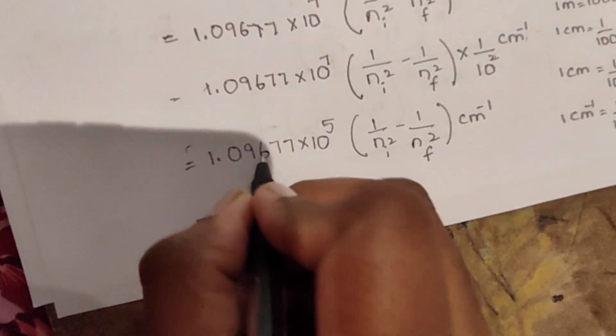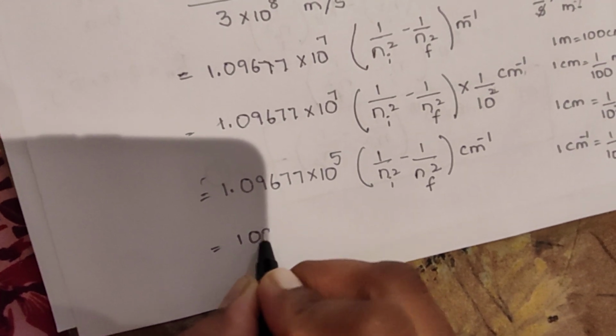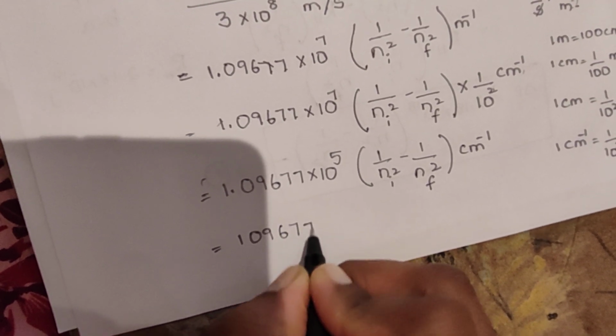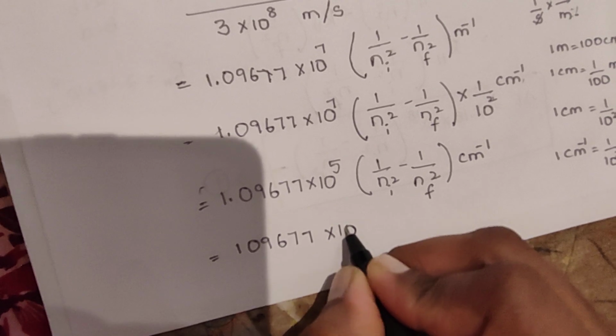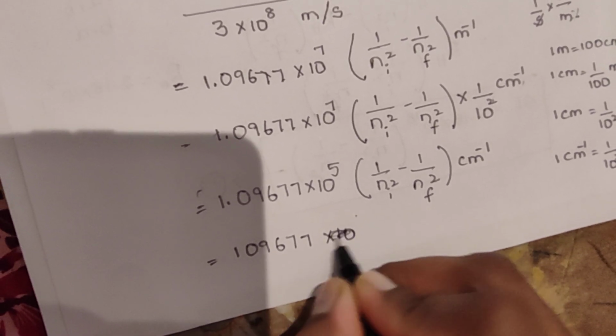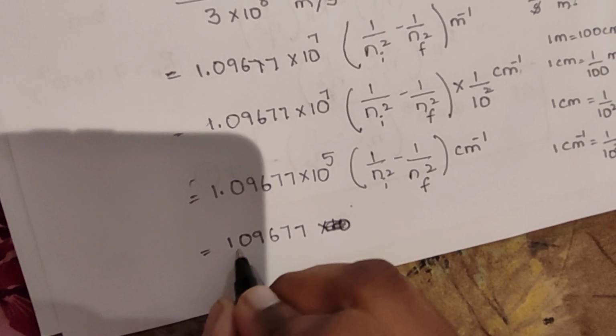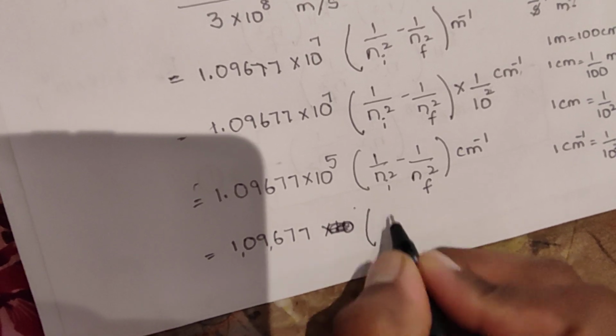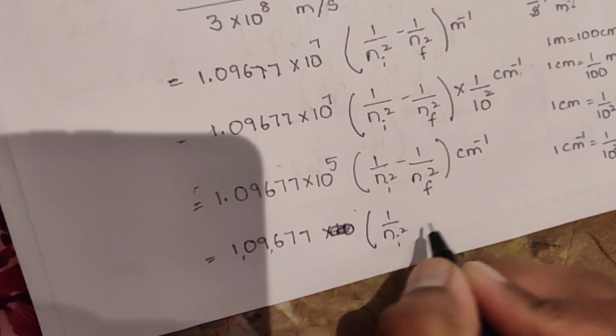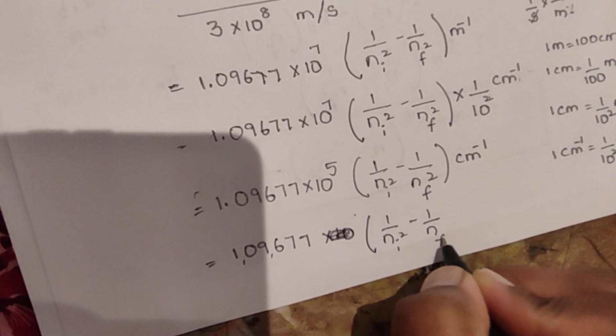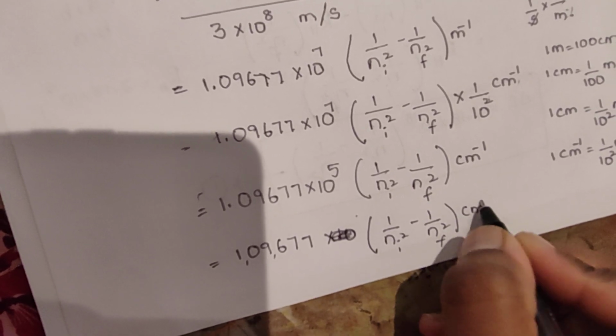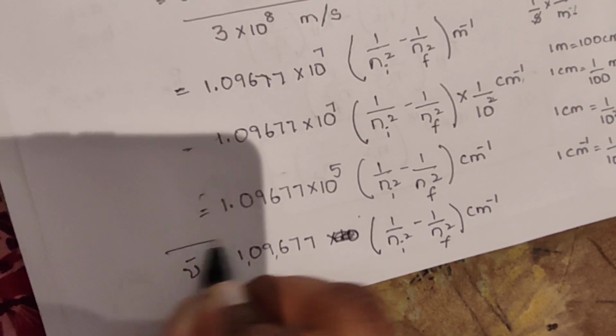So after removing the point we get 1,09,677 into 1 by ni square minus 1 by nf square centimeter inverse, the wave number.